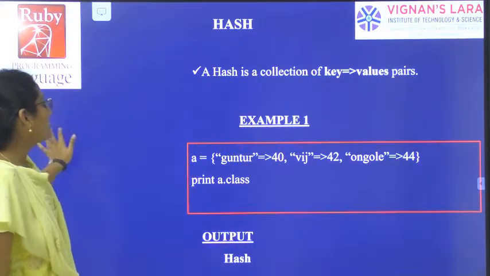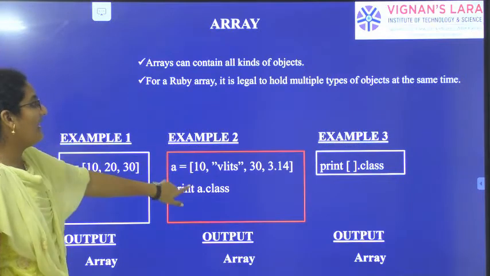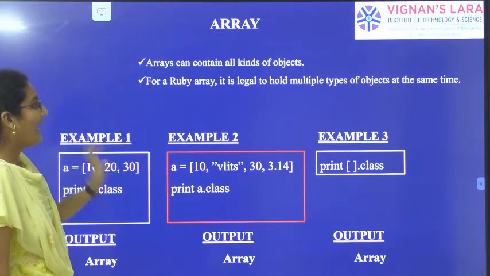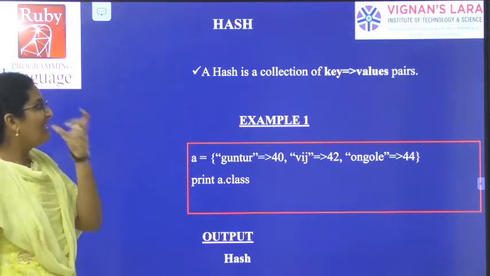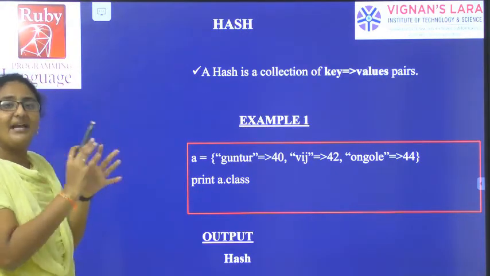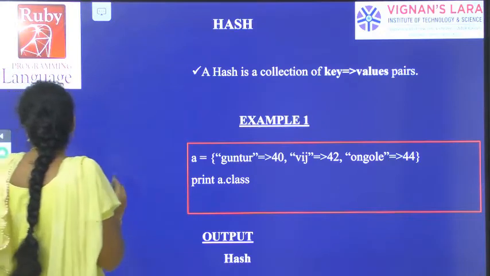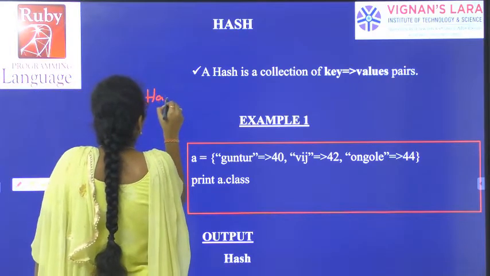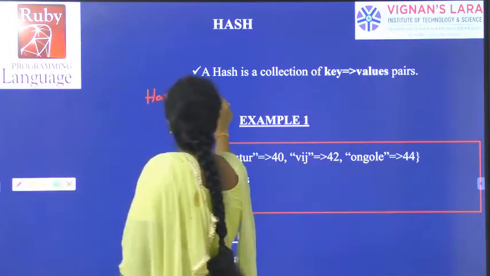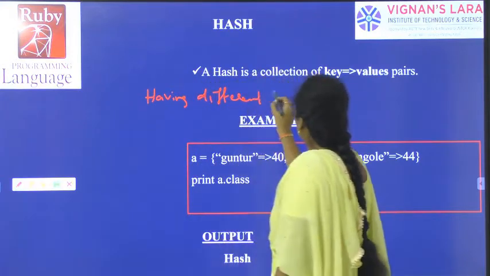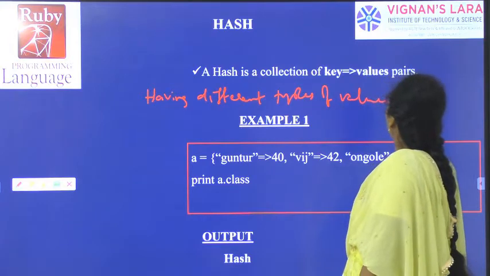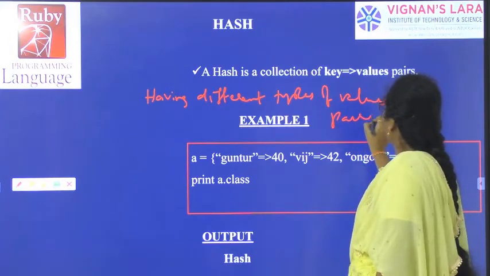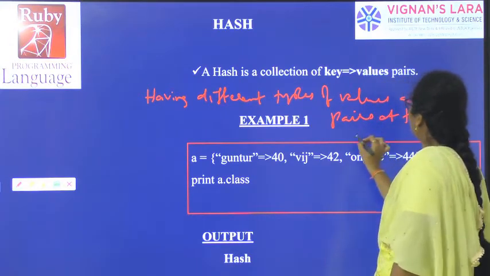So what you should understand is, in an array we can have different types of values at the same time. In a hash we can have different types of values as pairs at the same time.